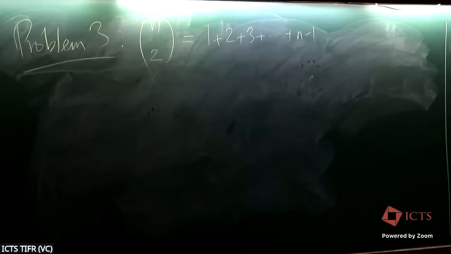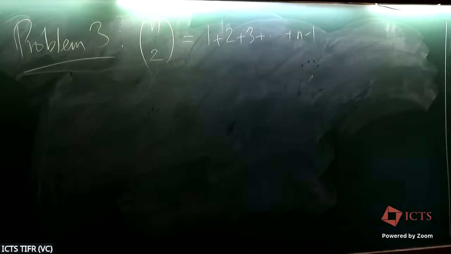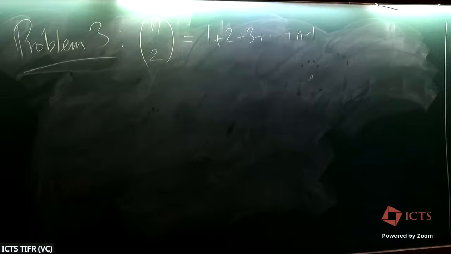You have said that the left hand side counts the number of 2 element subsets of a set of size n. What does the right hand side count? Very good.